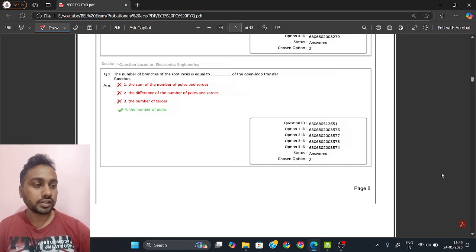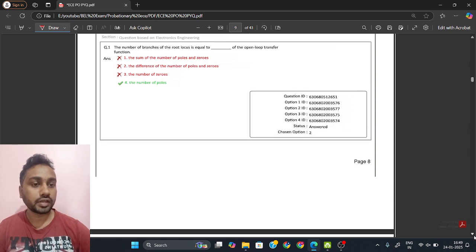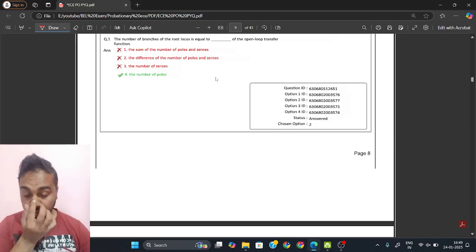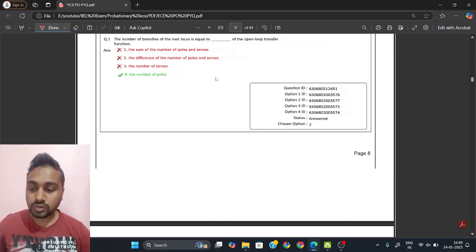The first question is: the number of branches of the root locus is equal to dash of the open loop transfer function. As we know, root locus starts at the open loop poles and ends at the zeros. We have two conditions.